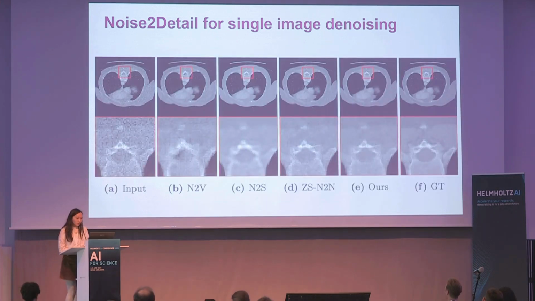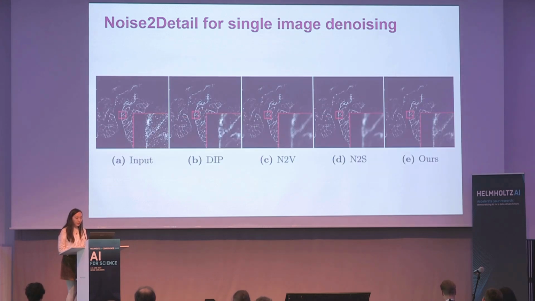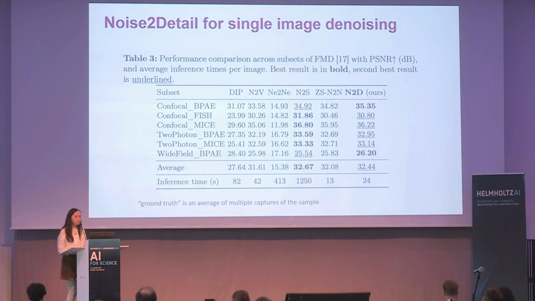So indeed, this works. He simulated noise on the medical images, and because it's simulated noise, he can compare to the ground truth using PSNR or structure similarity, and it works very nicely. He also tried it on real microscope images, where he doesn't have a real ground truth. But he did have a pseudo ground truth, which is the average of multiple captures of the same samples.